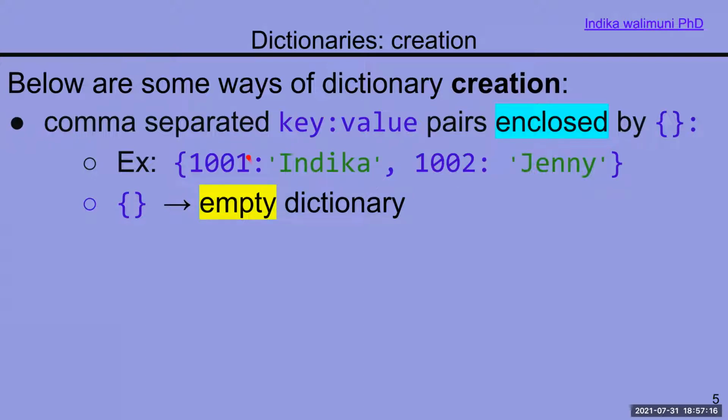One of these pairs is called an item in a dictionary, so in this dictionary we have two items. We simply enclose key value pairs in curly brackets, and this is a dictionary literal. If you just use empty curly brackets, it's going to be an empty dictionary.